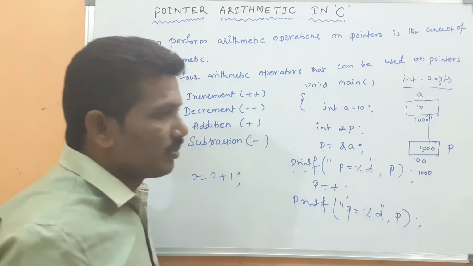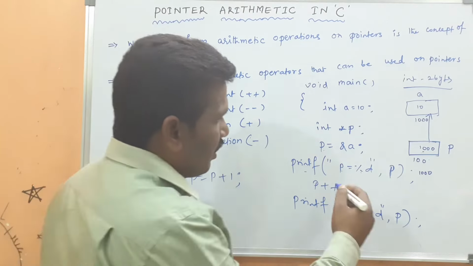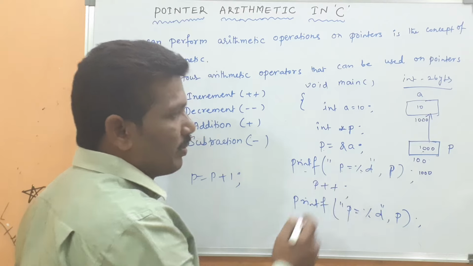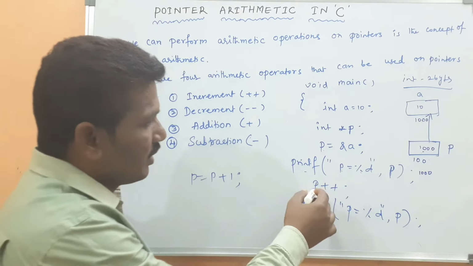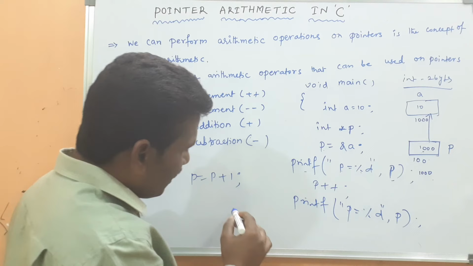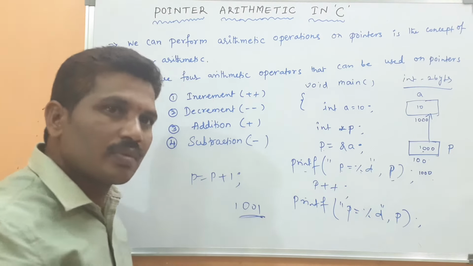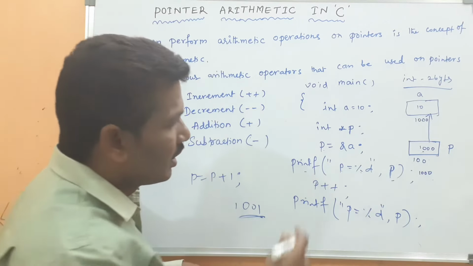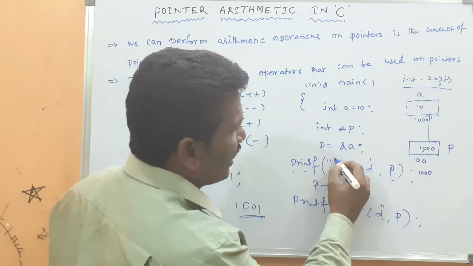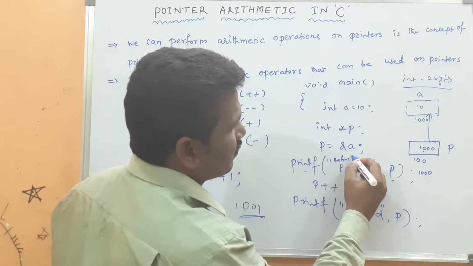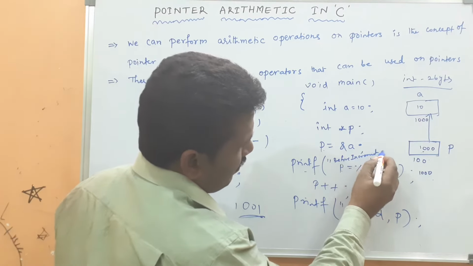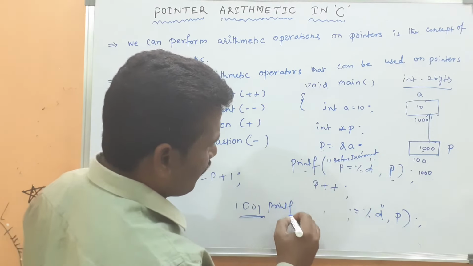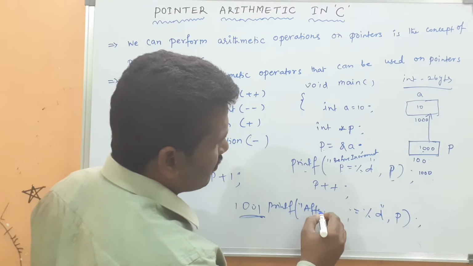Then the pointer gets incremented. With p plus plus, the pointer gets incremented by 1. What is the meaning of the statement? P was 1000, so is it 1001? Then we print p with percentage d, before increment and after increment.